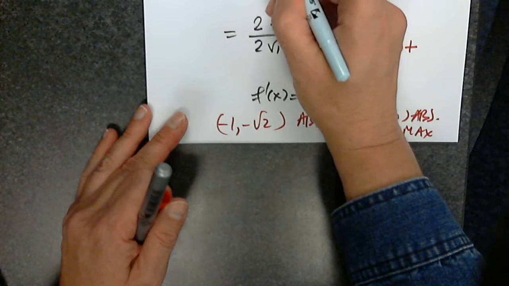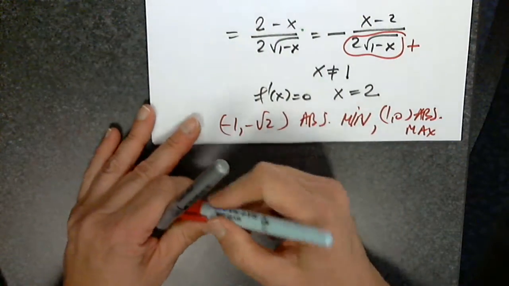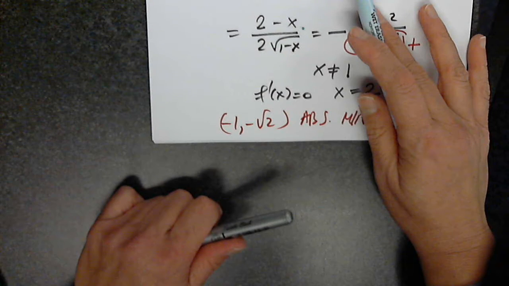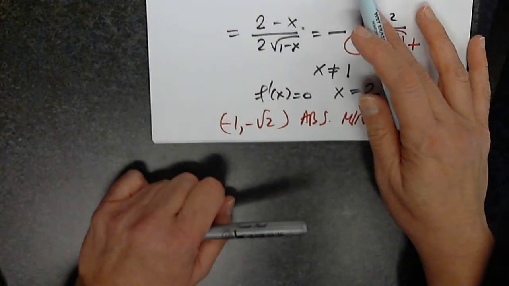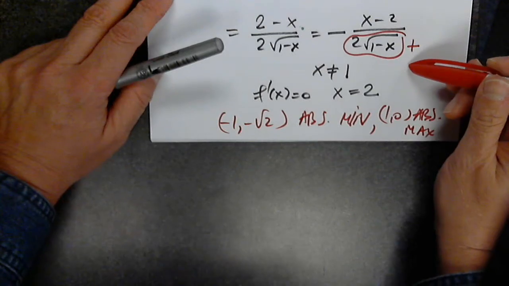So if negative 1 gives you the negative root of 2, and then 0 gives you 0, and then 1 gives you 0, it seems like something should happen between 0 and 1 that takes it either into the positive or down to the negative.